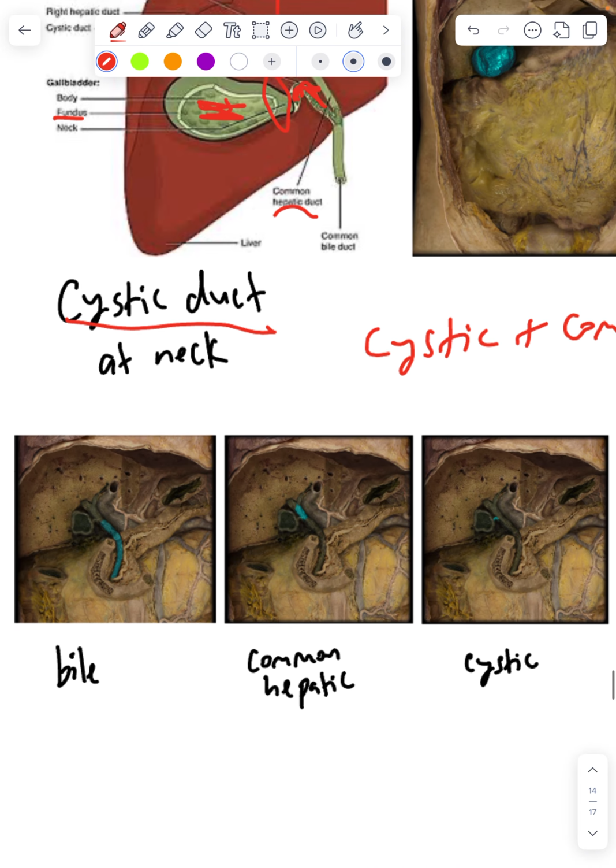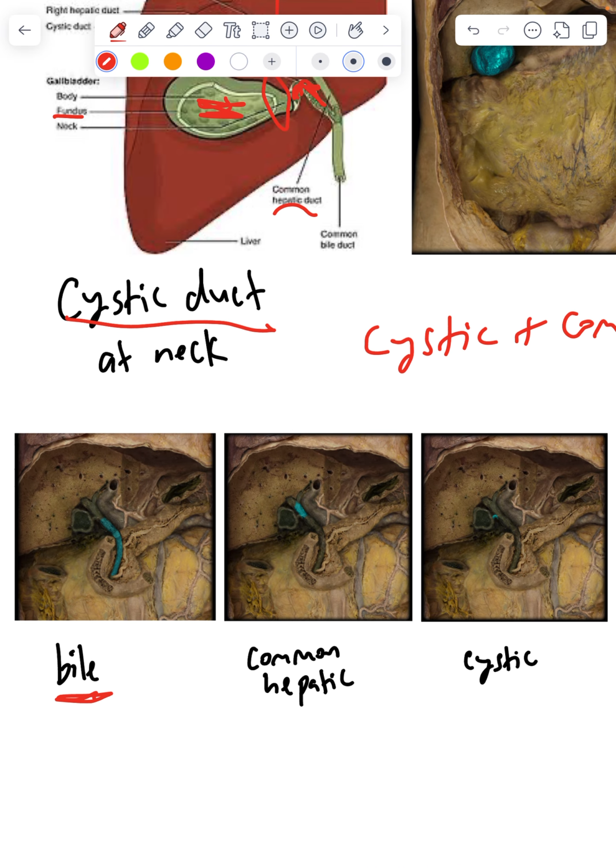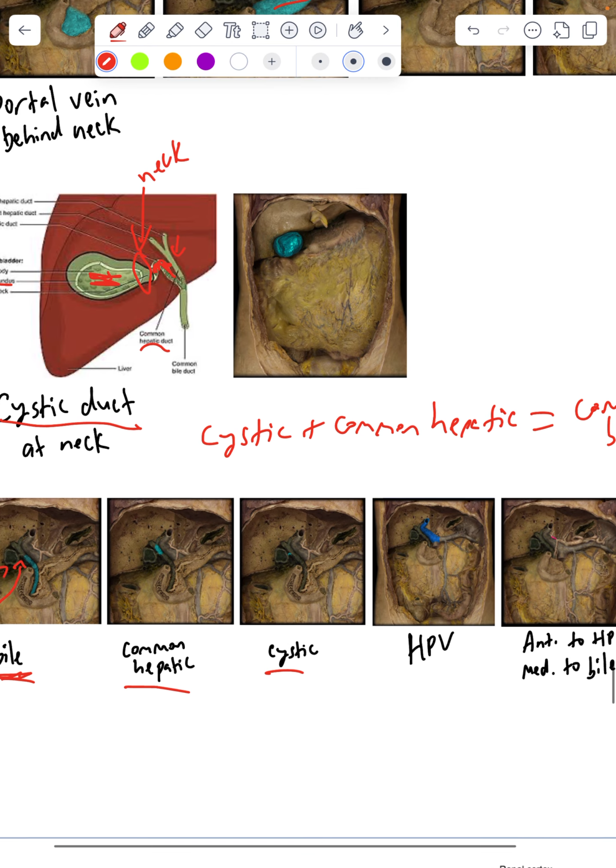And you can see all of that in here. So this right here is your common bile duct. This is your cystic duct, gallbladder, common hepatic duct, which makes this your right hepatic duct, and that's your left hepatic duct. So bile, common hepatic, cystic.